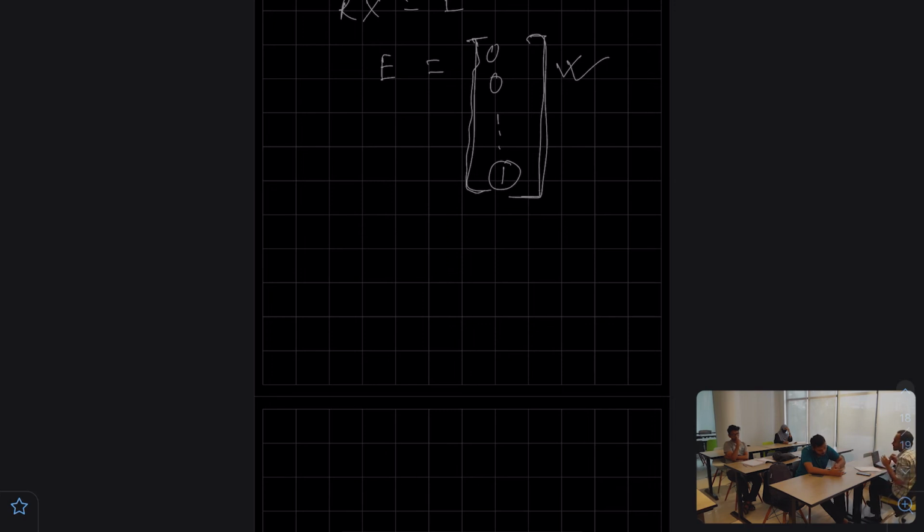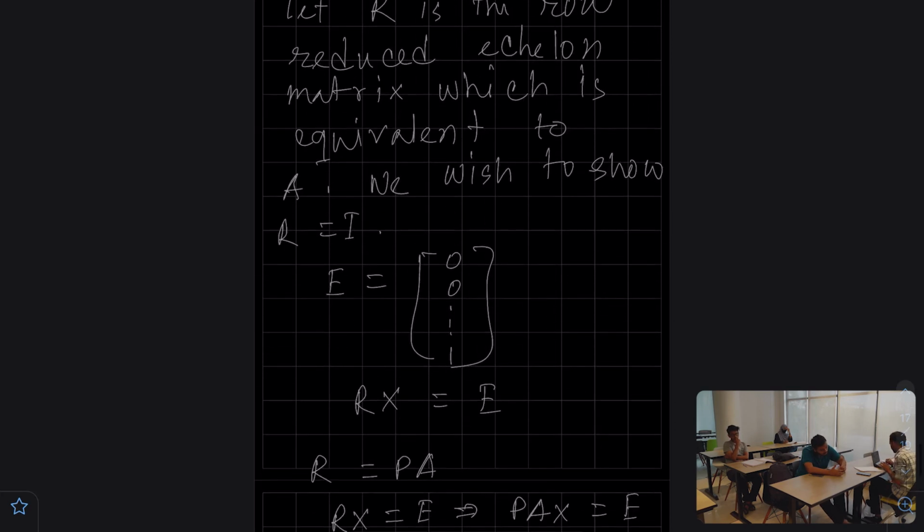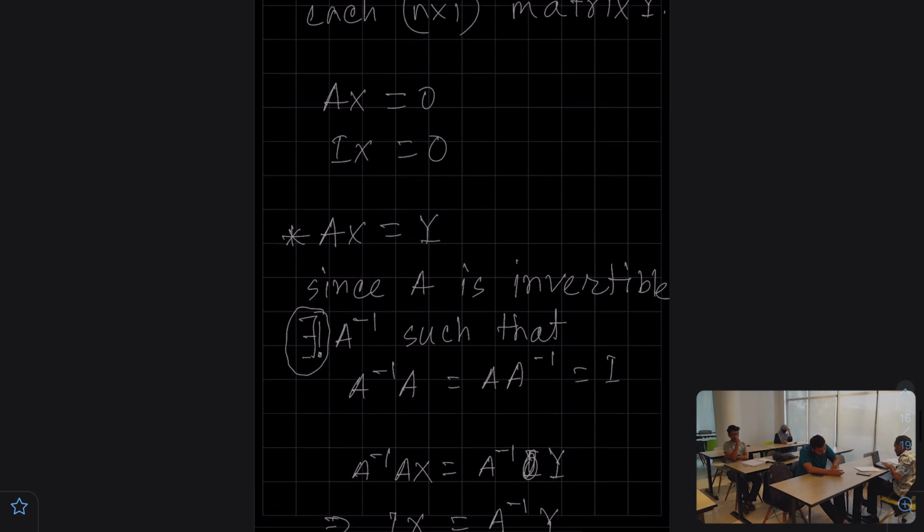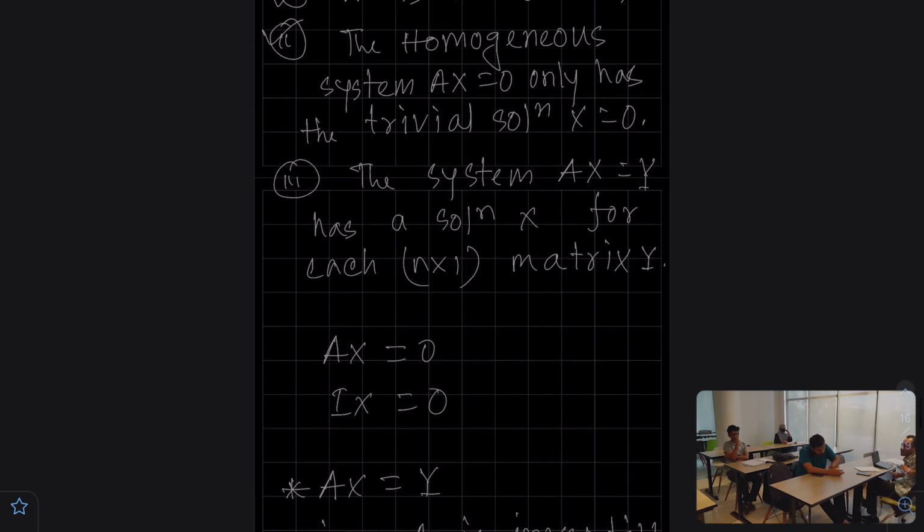Then that means R is equal to the identity matrix, right? And we want to prove this. We wish to show that R equals I. Why? Because we started from that A is invertible.